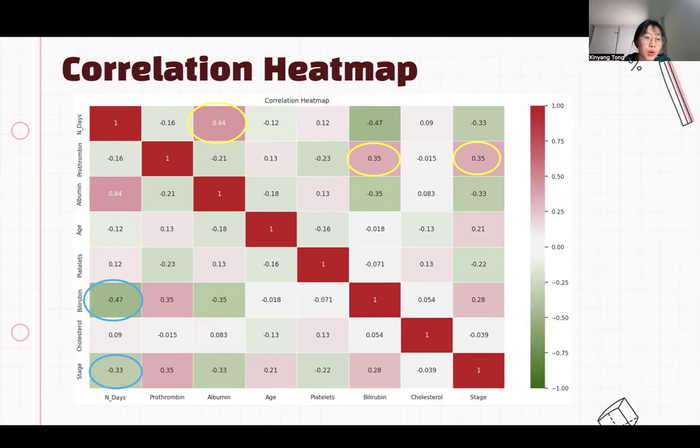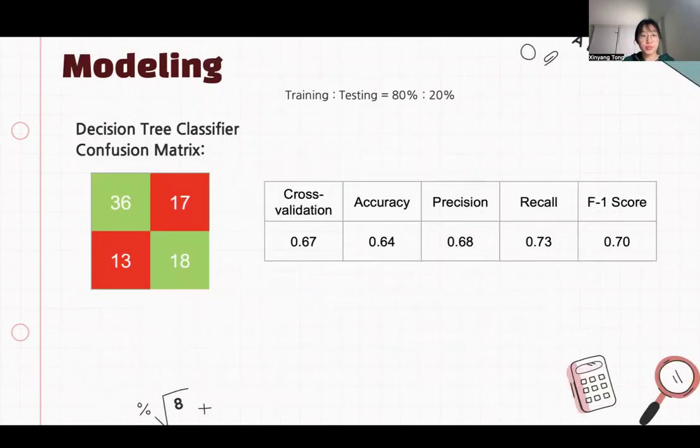Prothrombin, bilirubin and age have a positive relationship with stage, while the number of days, albumin, and platelets have a negative relationship with stage.